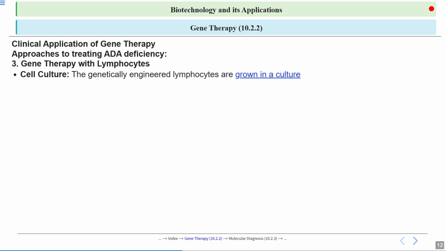Because we have inserted that ADA cDNA, they are now genetically engineered lymphocytes, which we grow in a culture. So now we have grown lymphocytes which have the corrected gene in them. Now we are going to return them to the patient. We are going to reinfuse the corrected cells to the patient.